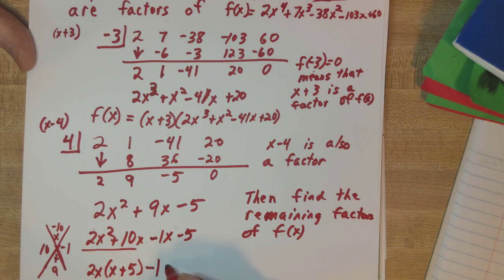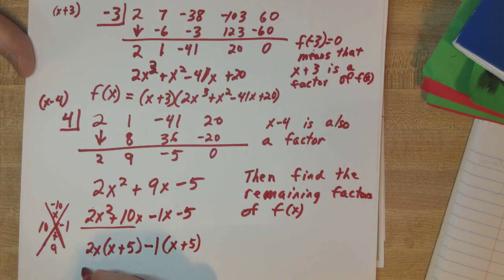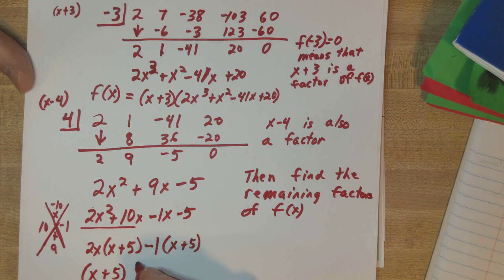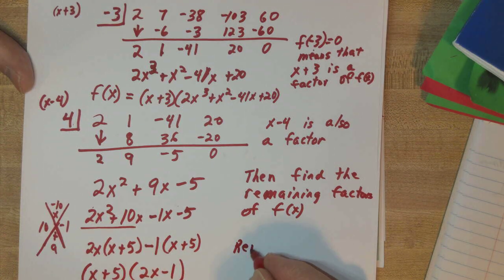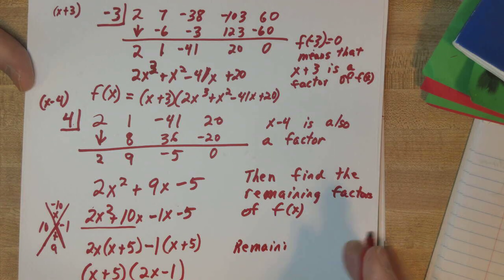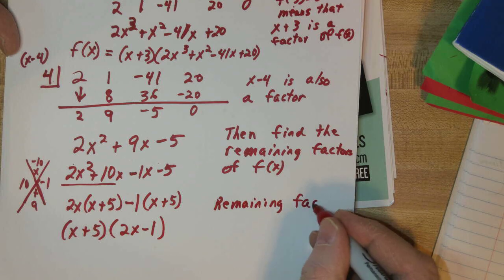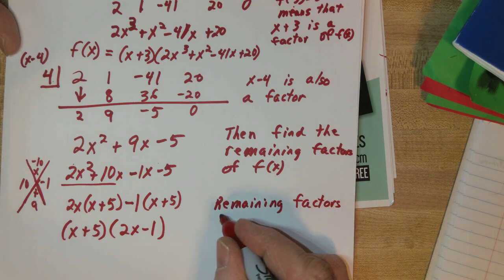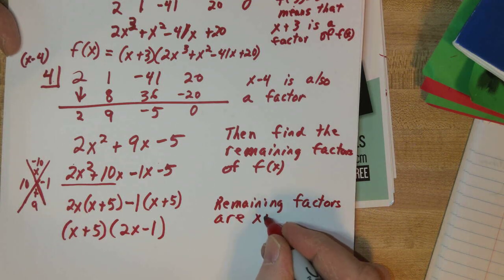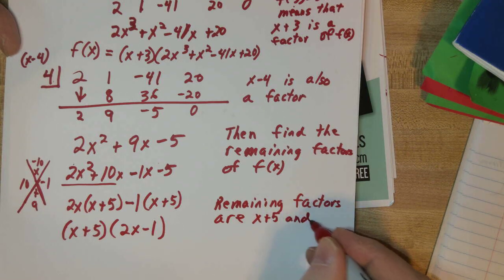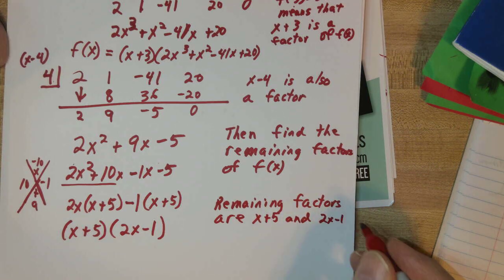And let's take the negative 1 and go x plus 5 there as well. The common factor is x plus 5, and 2x minus 1. So the remaining factors are x plus 5 and 2x minus 1.